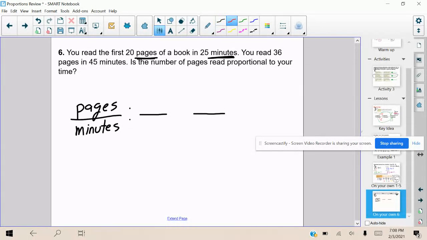Well, let's see if we can fill in some information. I'm given that you first read 20 pages in 25 minutes. So I'm going to replace pages in the numerator with 20, because I read 20 pages, and minutes with 25, because I took 25 minutes to read it.